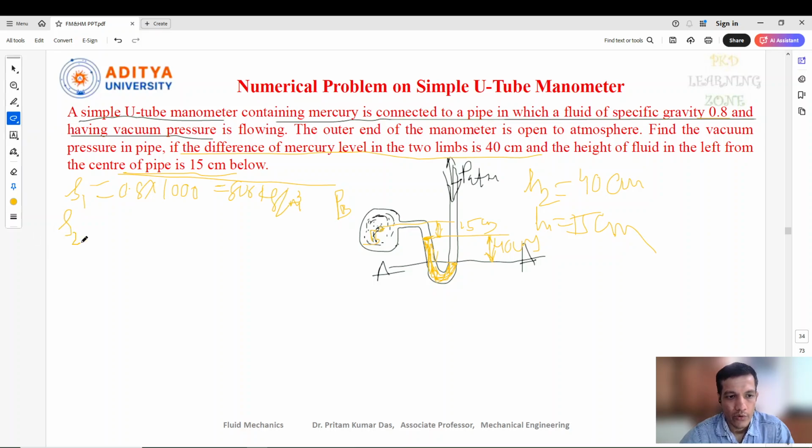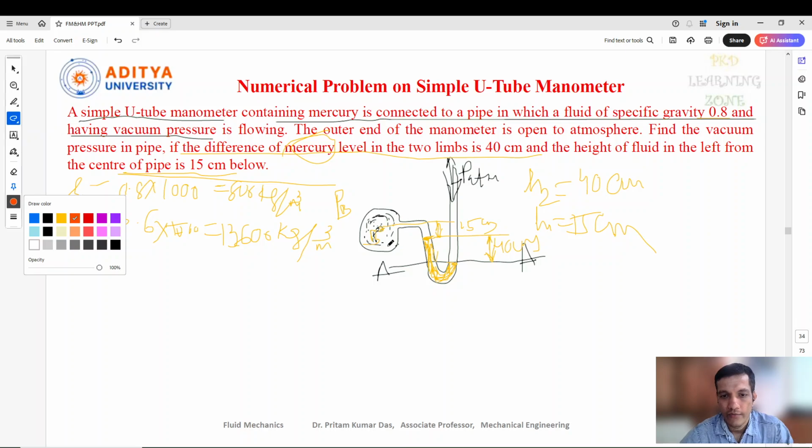Similarly, rho 2 is nothing but the heavy liquid, which is mercury, 13.6, into 1000 again, so you will get 13,600 kg per meter cube. Now let's find out the pressure value for this B point.